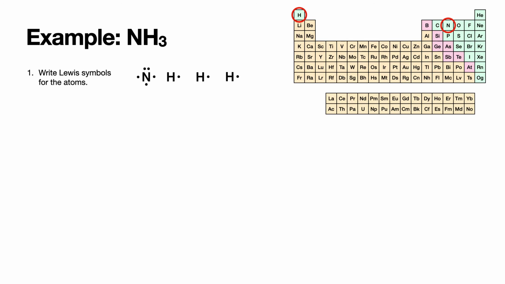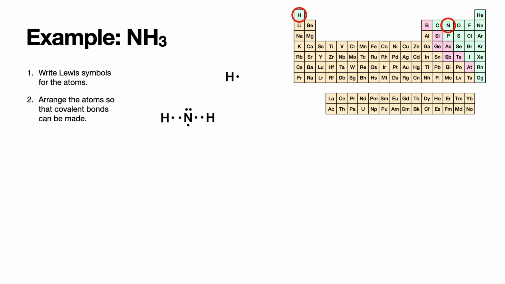Once I have identified the atoms that are involved in the molecule, I arrange the atoms so that the covalent bond can be made. So we arrange the atoms in such a way that a pair of electrons can be shared between neighboring atoms. So I'm going to put the nitrogen sort of here in the middle. I'm going to bring this hydrogen over here. I'm going to bring this one around there and move its electron over. And then I'm going to move this guy down and bring its electron up.